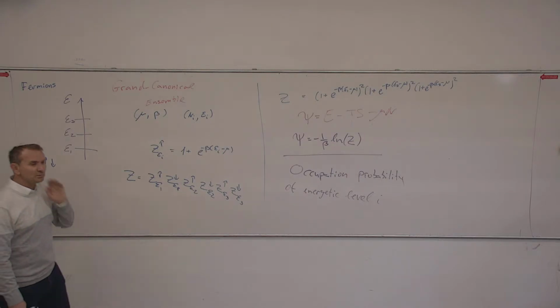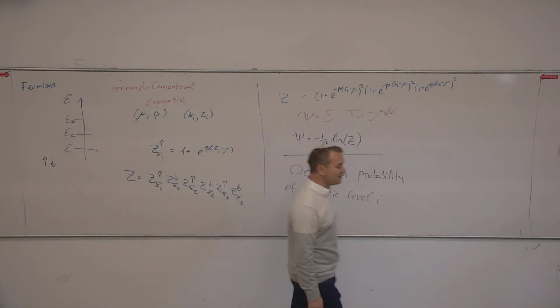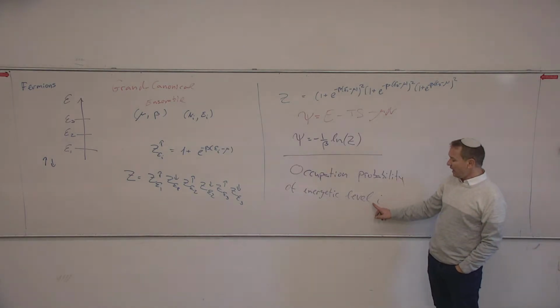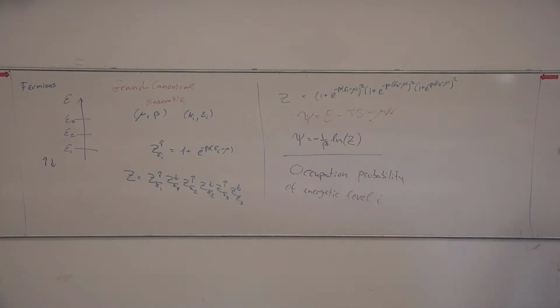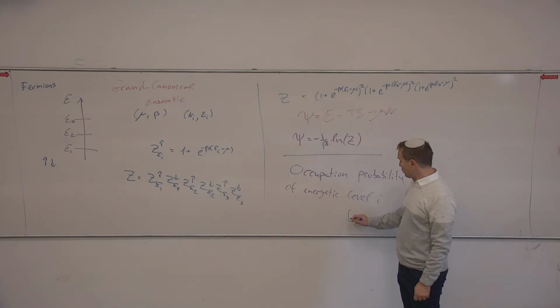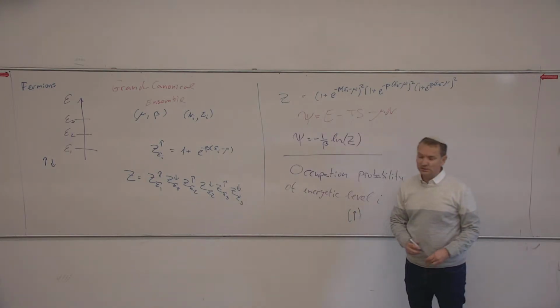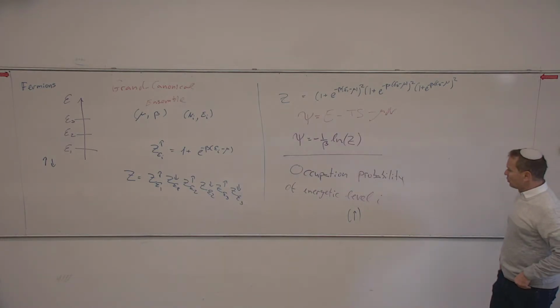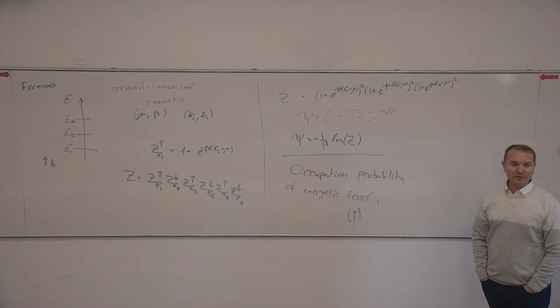And I'm asking what is the probability that I will find there a particle. So the energetic level I, and usually I also should write down whether I'm looking at a specific spin up or spin down. So for example, let's consider the spin up. All right, so how do I compute this?